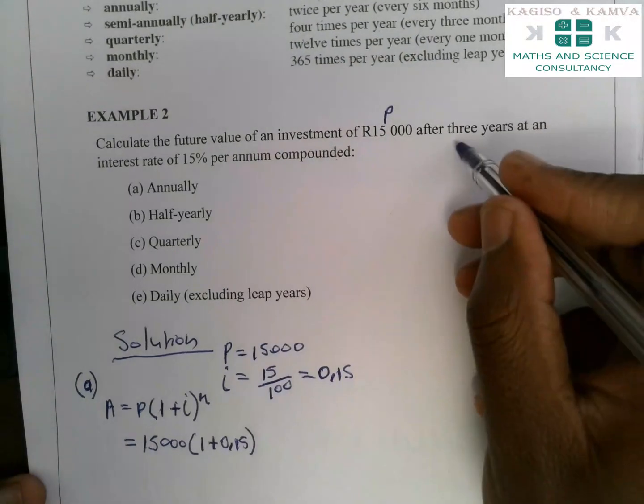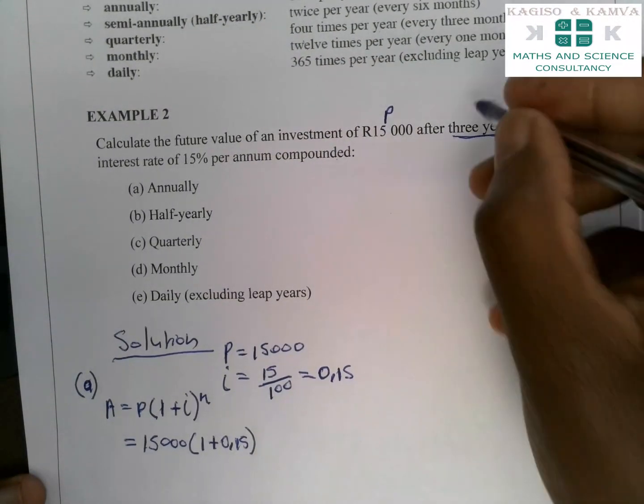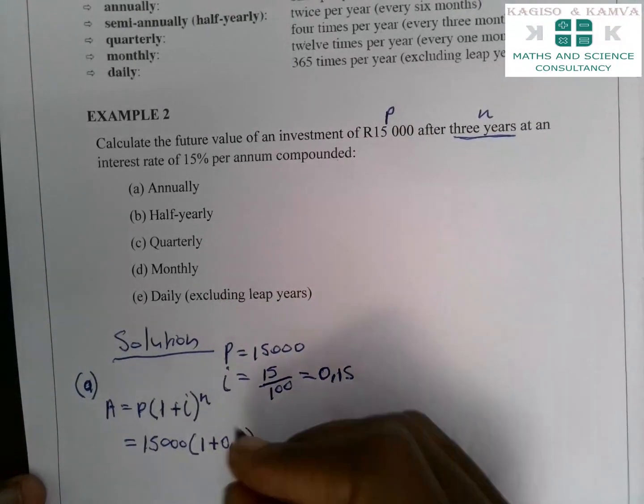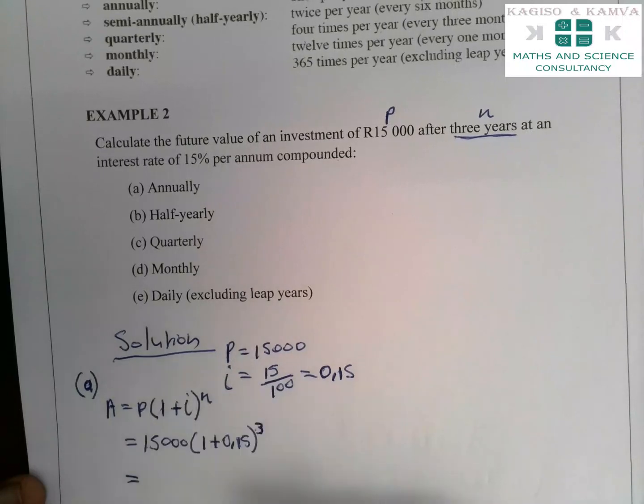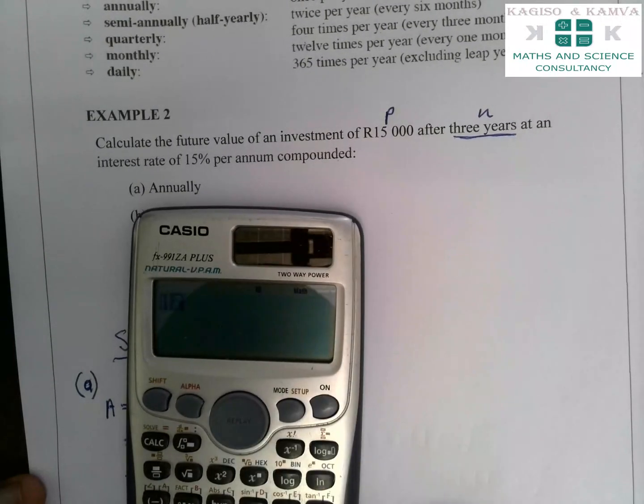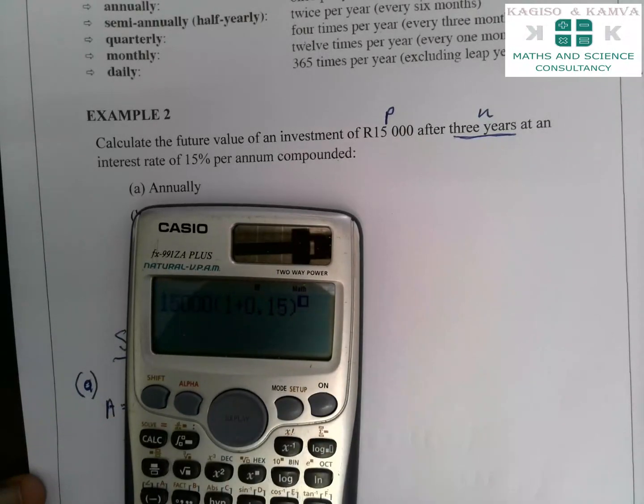For 3 years. So n is going to be 3, which is equal to 15,000 into (1 plus 0.15) to the exponent 3.